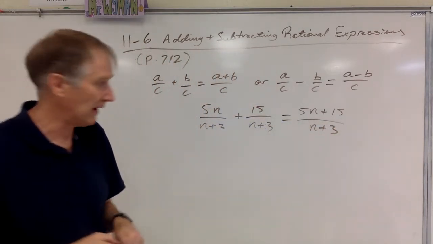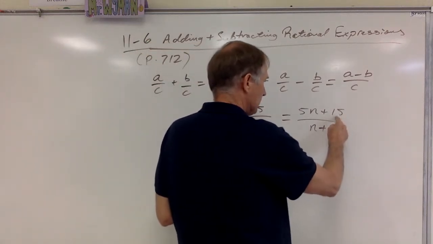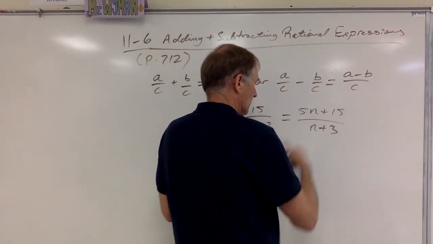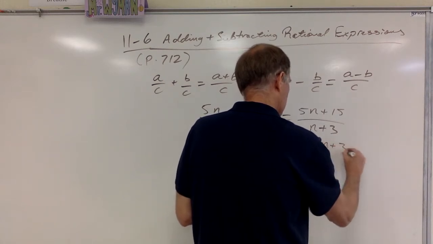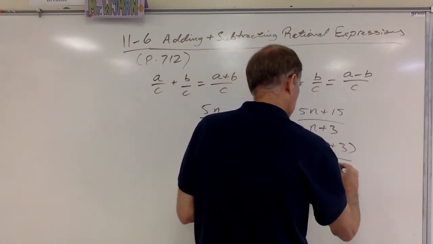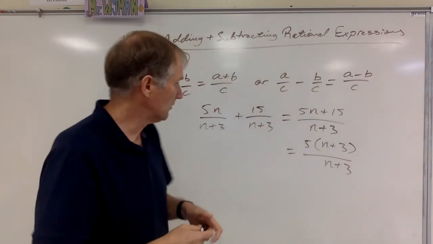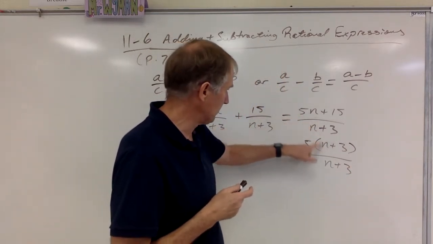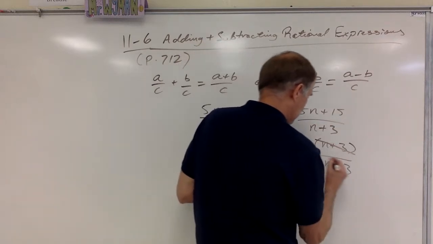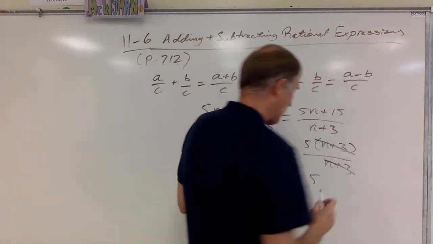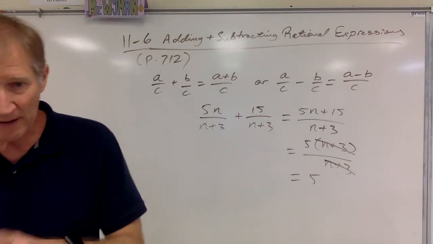Now this does simplify because I can factor out a 5 here. So I get 5 times n plus 3 all over n plus 3. Because 5 times n is 5n, 5 times 3 is 15. And n plus 3 cancels, and that becomes 5.